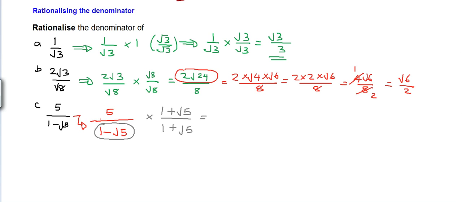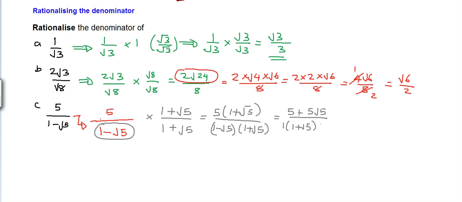So this gives us 5 open bracket 1 plus root 5 close bracket over open bracket 1 minus root 5 close bracket, open bracket 1 plus root 5 close bracket. Okay, 5 times 1 is 5 plus 5 root 5, over, if we expand this bracket, we'll have 1 times 1 plus root 5 minus root 5 times 1 plus root 5.